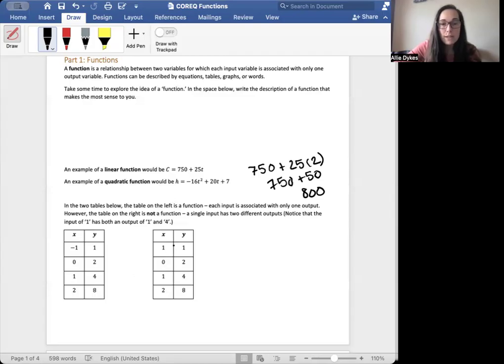However, over on the right side, this table is not a function because the single input of 1 gives us both an output of 1 and an output of 4. This is not a function. Okay?